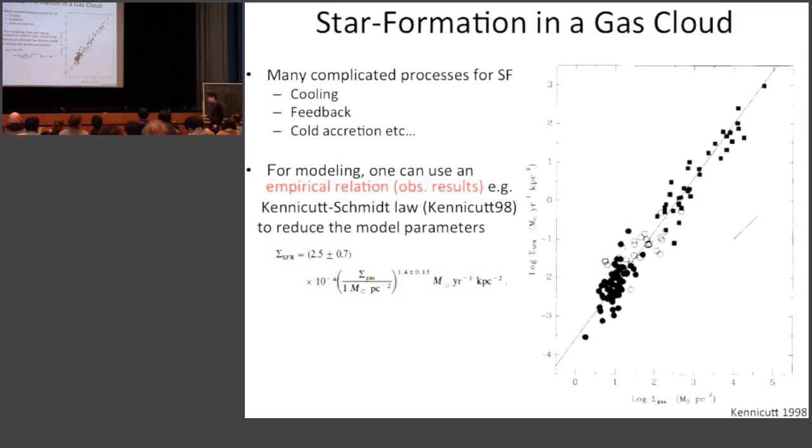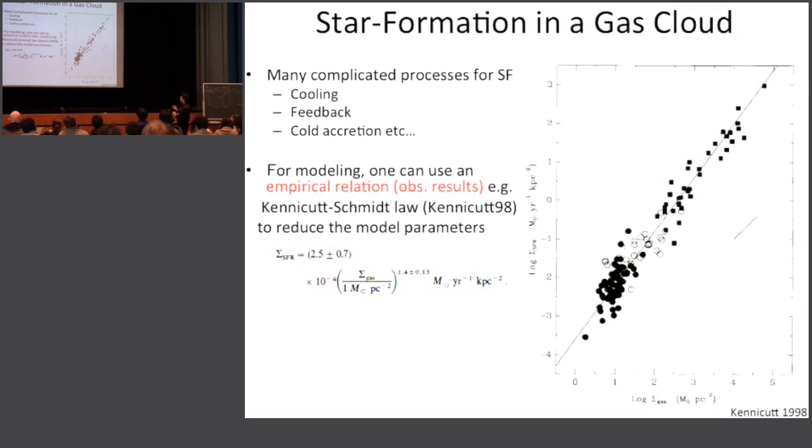So from simulations, well, if you can put some gas particles in a SPH simulation, then you can get surface gas density easily, and then you can just plug in the star formation rate following this relation. So I think this is totally fine and representing the real universe.